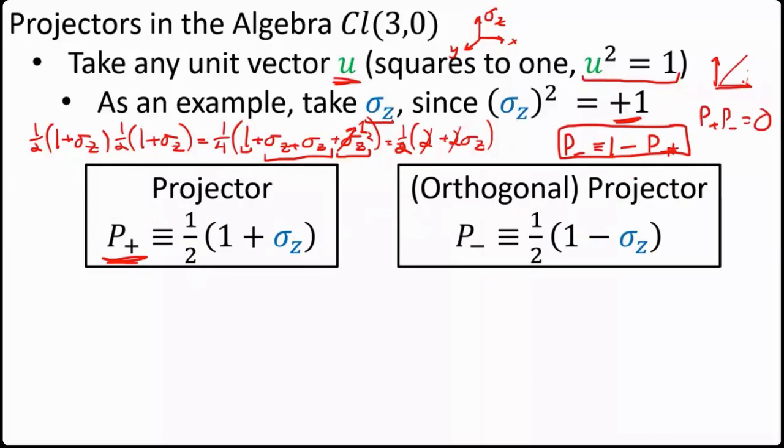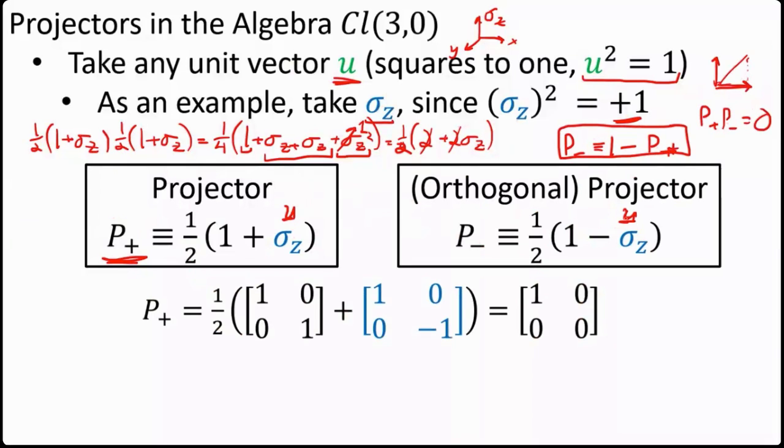These are not x and y axes, but as a general metaphor, that's like projecting along two different directions, and you end up with nothing at the end. So those are two projectors in our Clifford algebra. And you could do this with any unit vector u. You could pick any direction you wanted, but we're just using sigma z for simplicity.